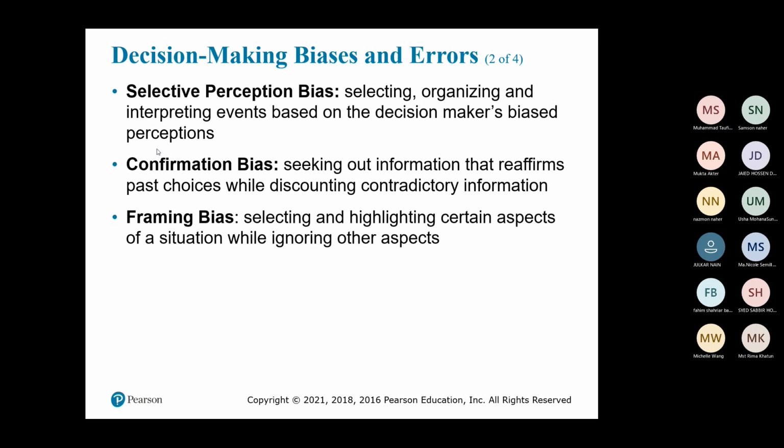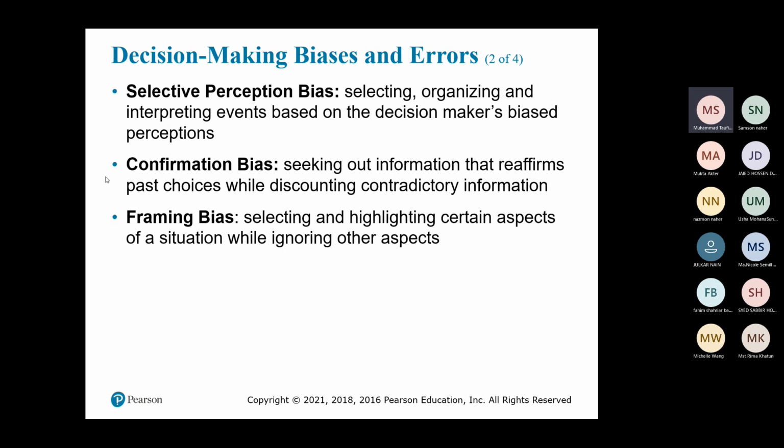Using only one point of view, sometimes you will miss some information, so you must change your point of view. You must look at the problem from a different angle, so you can have a better perspective about the problem. So this is the fourth common mistake that will happen during the decision-making process.